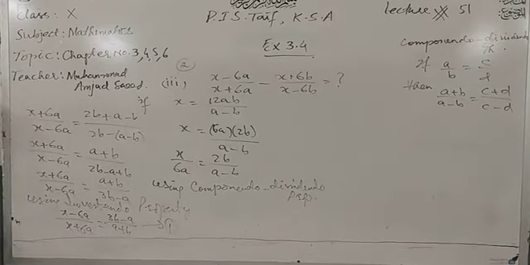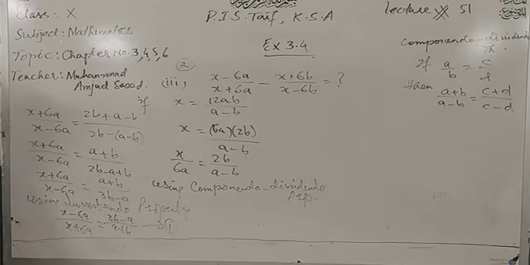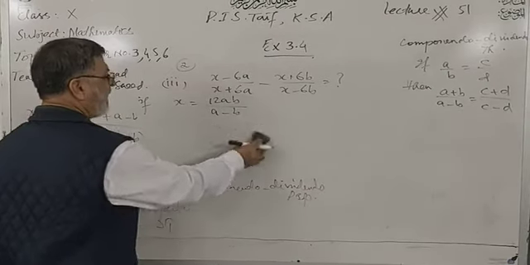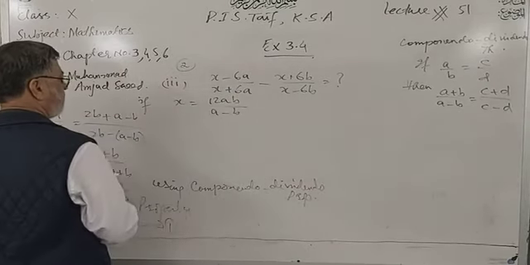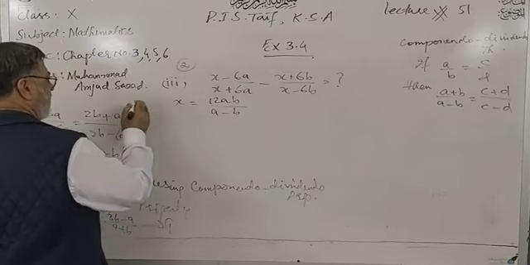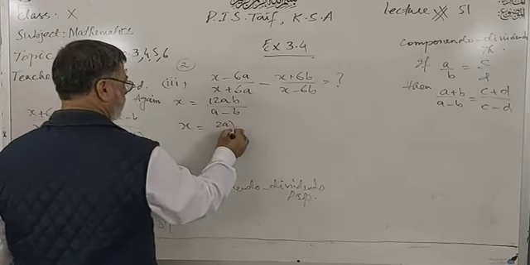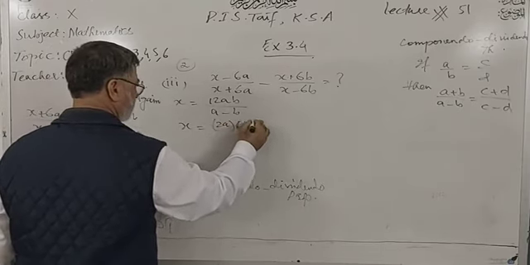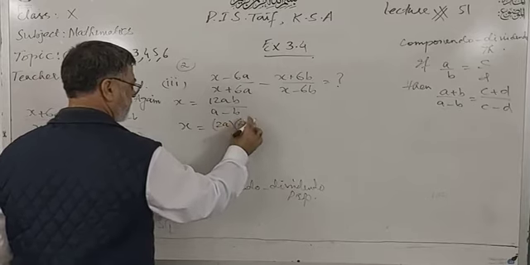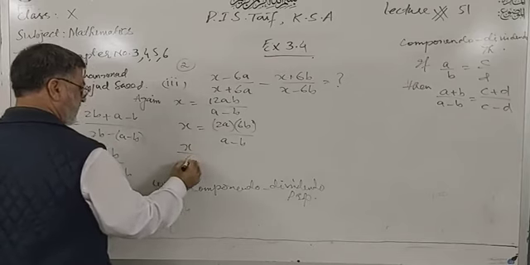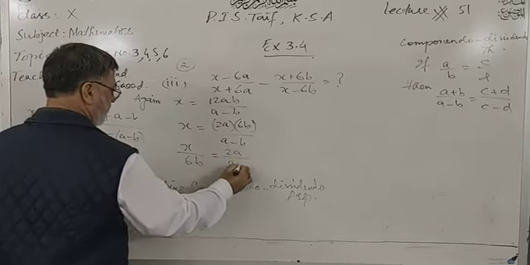I told you we have made this portion for equation number 1. After that, for finding this portion, again, x is equal to 2a into 6b over a minus b. You will bring 6b down, 2a over a minus b.